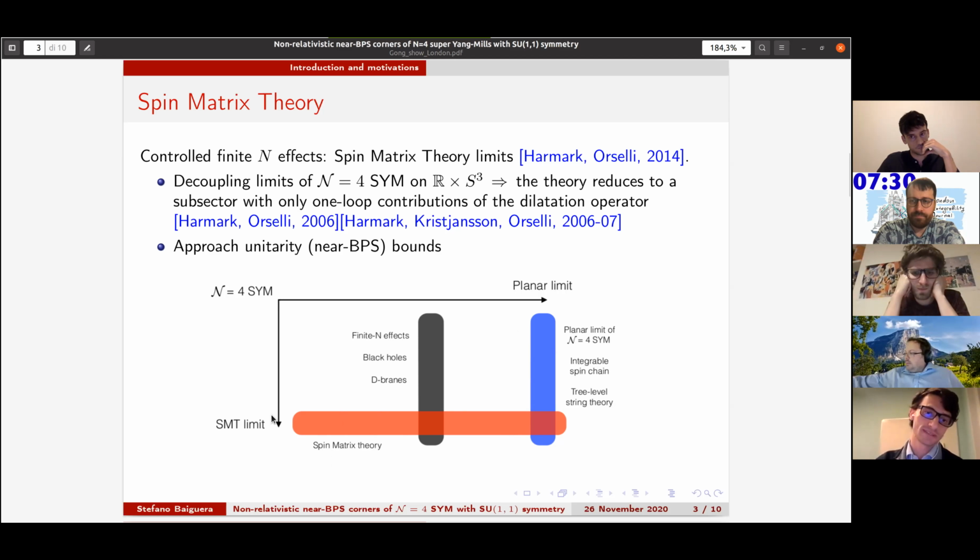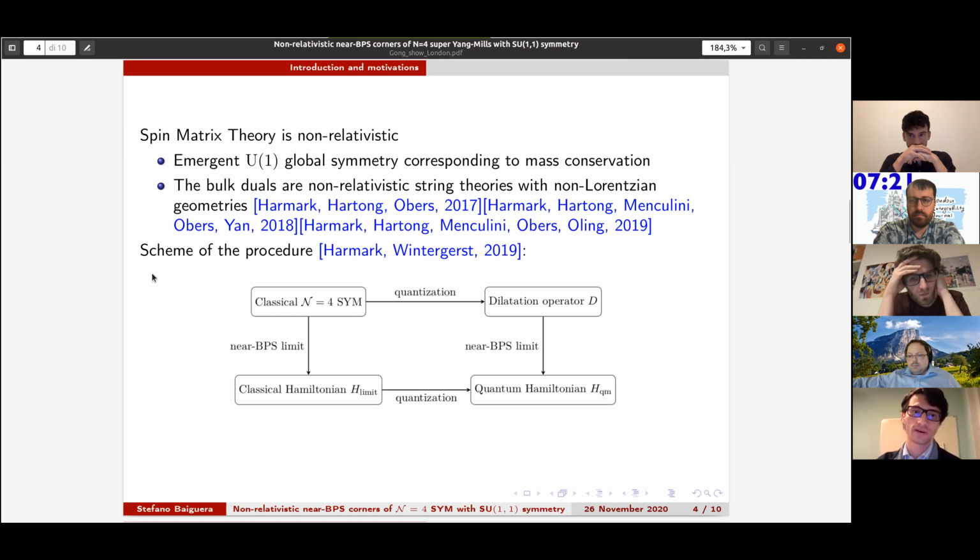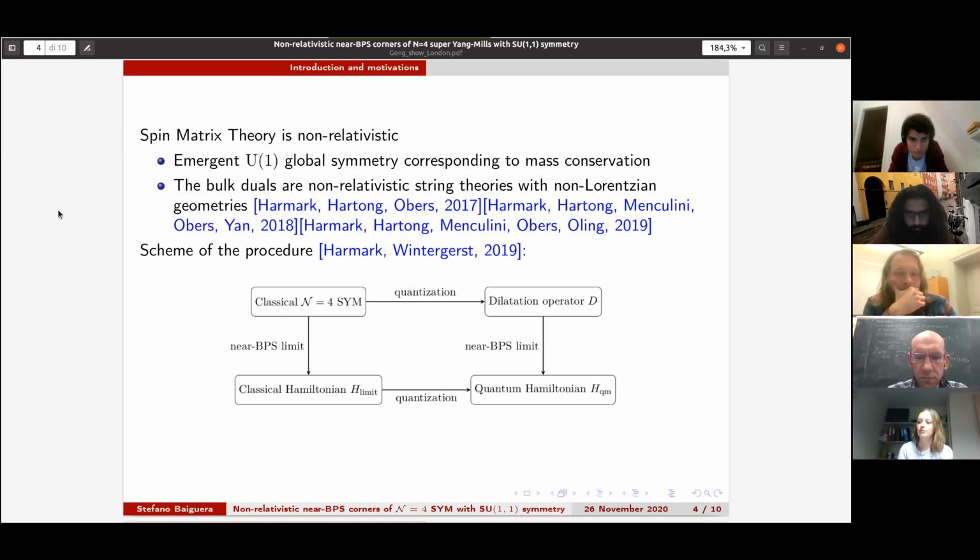Now, with the spin matrix theory limit, we are restricted to a particular corner of the duality, in particular a corner where the theories that we find are non-relativistic. Various ways to see this fact come from the presence of an emergent U(1) global symmetry that arises in all of these models and is interpreted as mass conservation, a typical symmetry in non-relativistic theories.